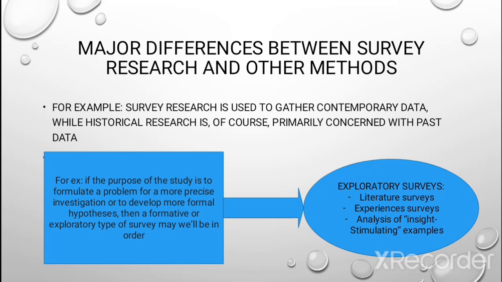Although such results cannot always be anticipated, specific kinds of exploratory research surveys include literature surveys, experience surveys, analysis of insight-stimulating examples. Analytical and descriptive surveys.